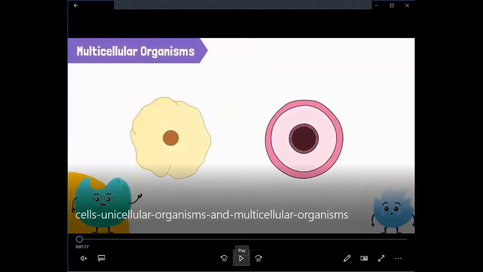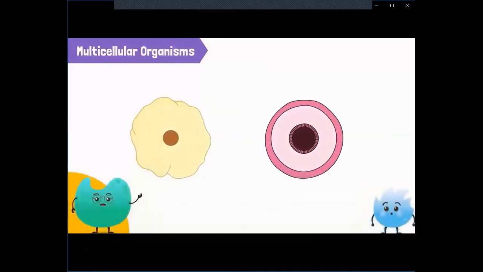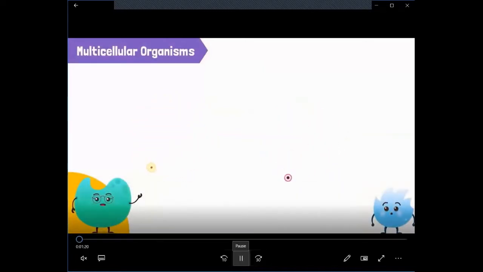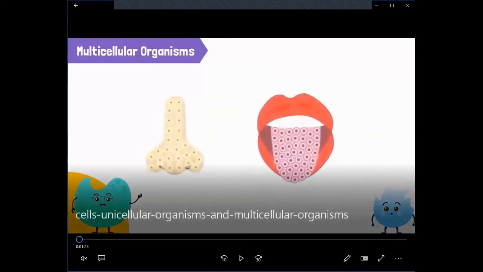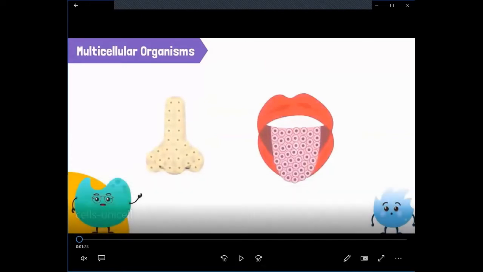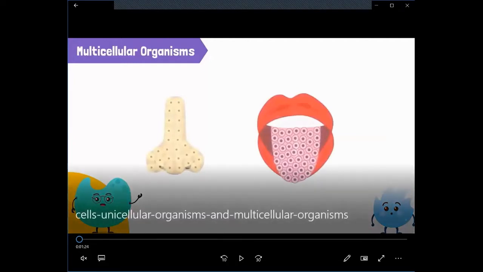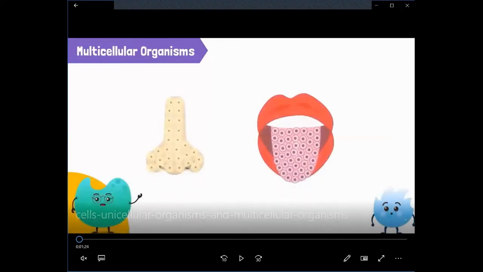Let's see how they look like. You see, these are our cells combined together in our nose, and the function is to smell. Very good. And these are the cells in our tongue. They are combined together, and the function of these cells is to help us taste the food.